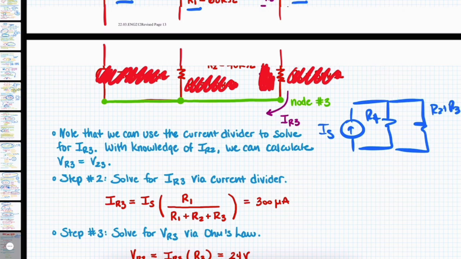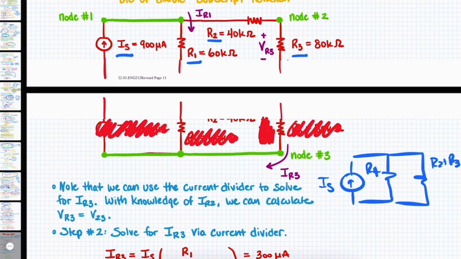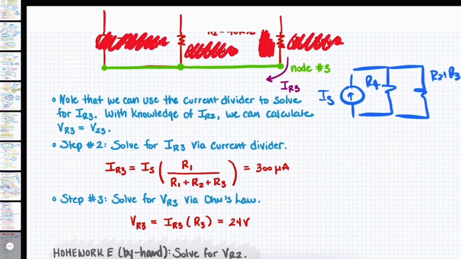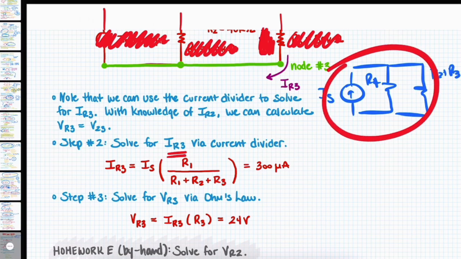Well, there's multiple ways to approach this. The way that I'm doing it here is I want to determine the voltage VR3 and then go back and calculate the current. So what we do is we solve for IR3 using the current divider as shown here.